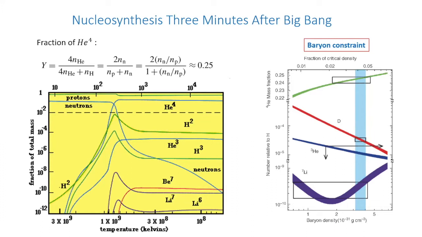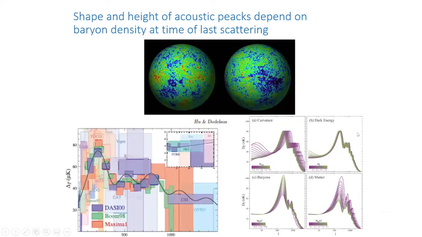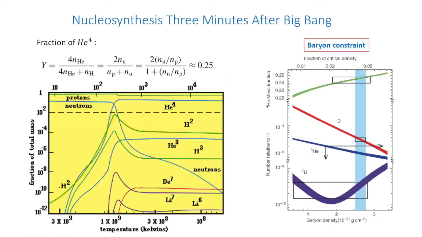So if you have more baryon, you would expect to see more helium and less deuterium left over. And so this gives you an idea of how to use Big Bang nucleosynthesis to constrain the amount of baryon.